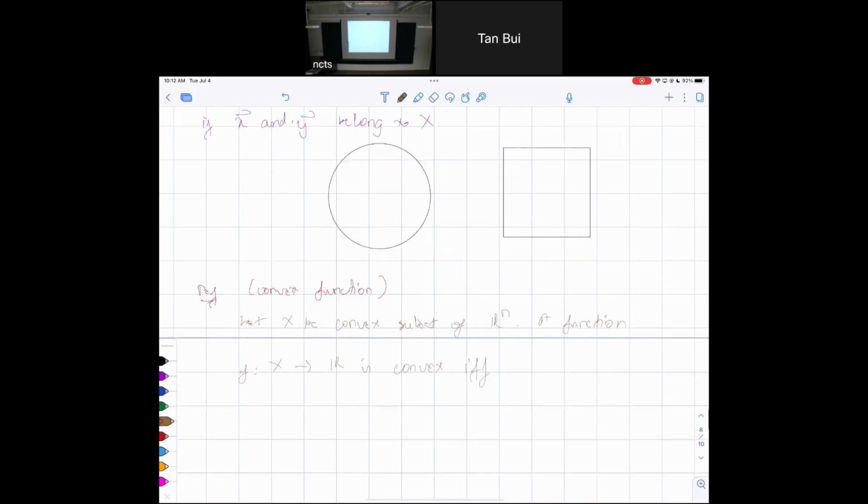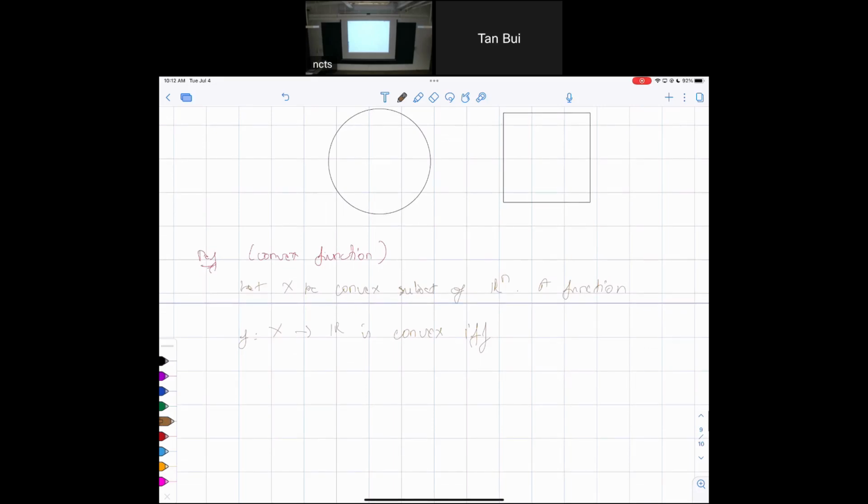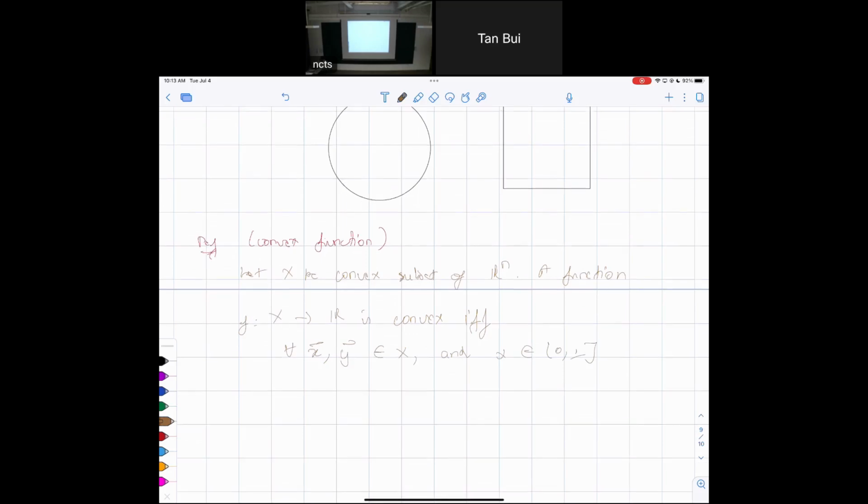if and only if for all x, y belonging to X and any alpha between 0 and 1, we have the following. You take a convex combination of x and y, and we also look at the values of f at x and y.